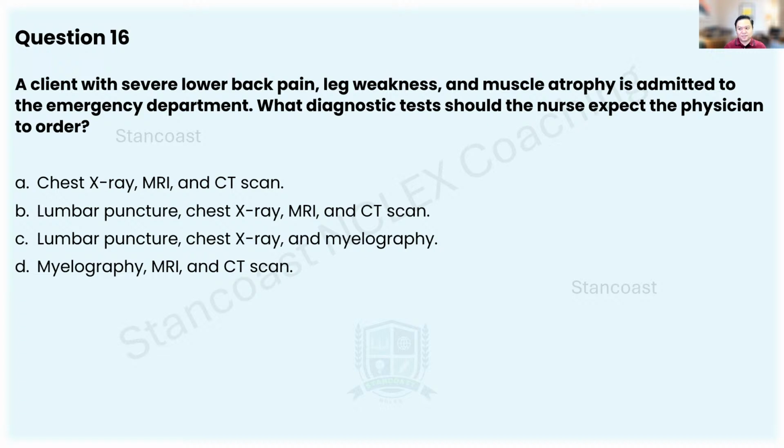What do you think would be the appropriate or indicated diagnostic imaging studies? Take note of the manifestation, guys. Not just lower back pain, but they have leg weakness, muscle atrophy.